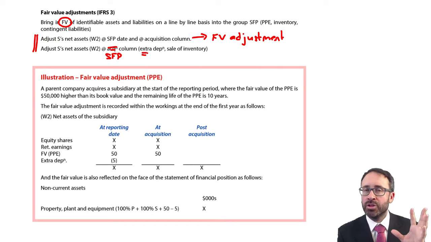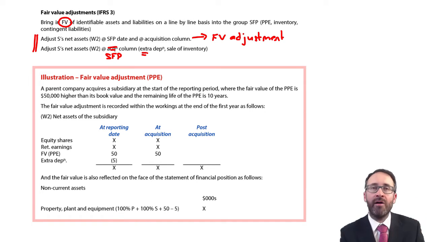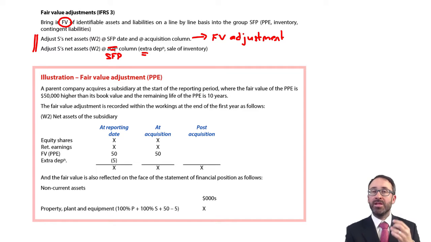So the subsidiary will just depreciate the PPE based upon its original cost. We need to depreciate that additional fair value adjustment over the remaining life of the assets. Okay, so there may be additional extra depreciation.